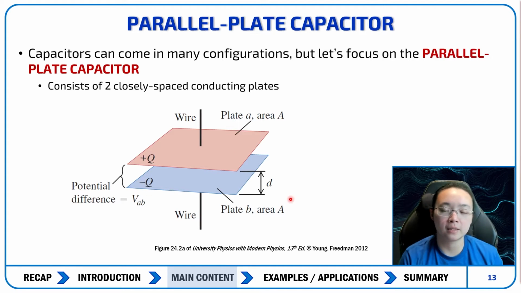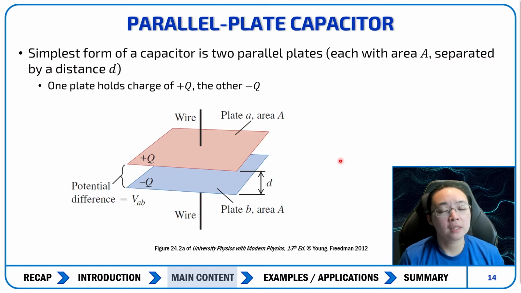And each plate has a specific surface area, A. So the simplest form of a capacitor is with two parallel plates, each with area A, separated by a distance D. One plate holds a positive charge and the other holds a negative charge, and you end up being able to find a potential difference between the two plates.